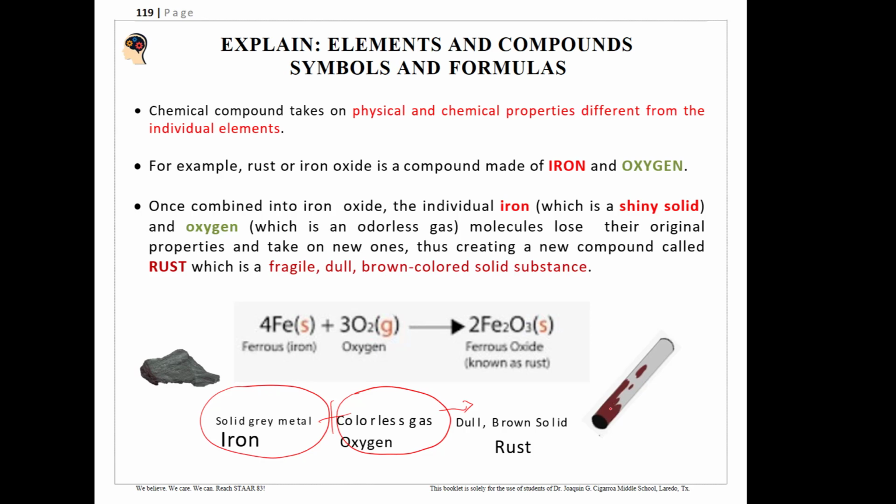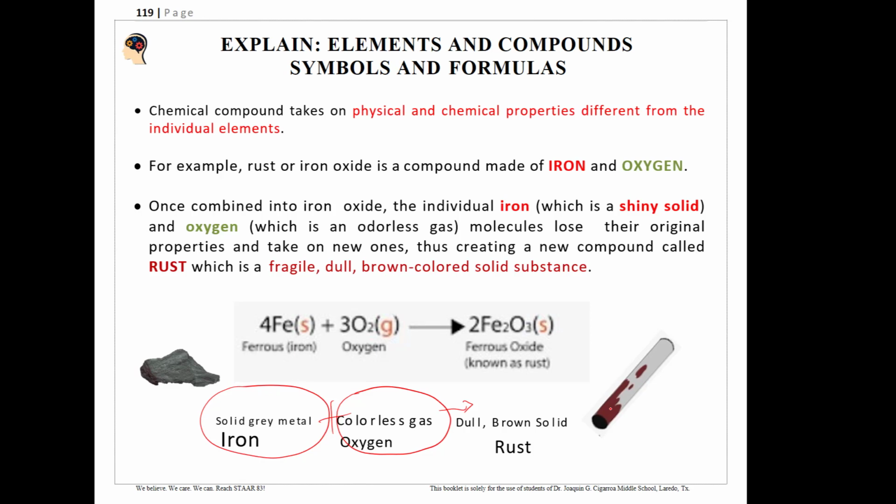Now take note, oxygen is a gas. So the properties of oxygen and iron are no longer there. Instead, the rust that was formed has different properties. So we say when compounds are made, the new substance takes on a new set of properties.